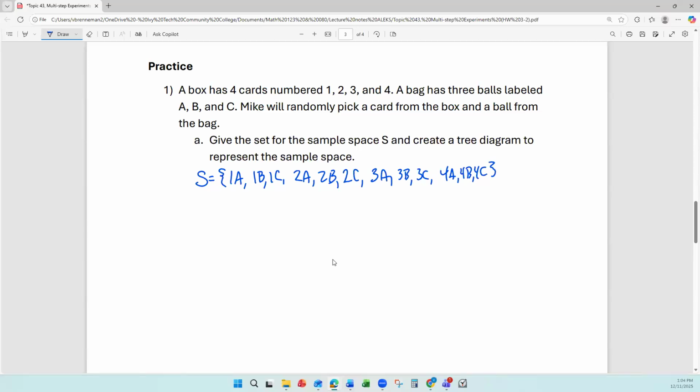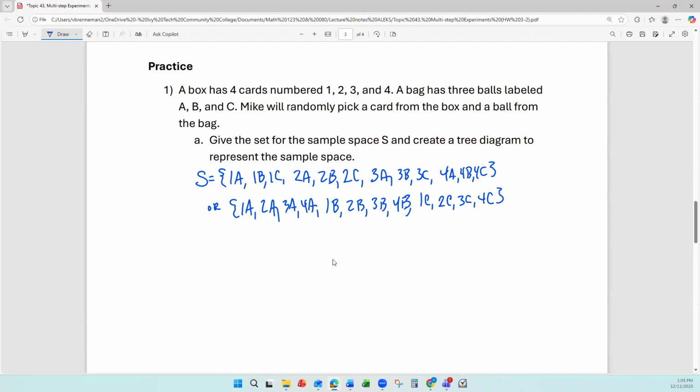We could also write this as, do all the A's first. So 1A, 2A, 3A, 4A, then 1B, 2B, 3B, 4B, and then 1C, 2C, 3C, 4C.